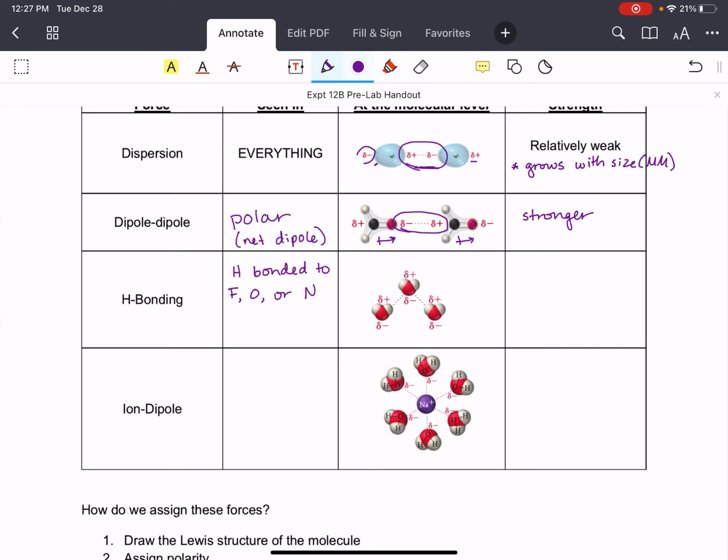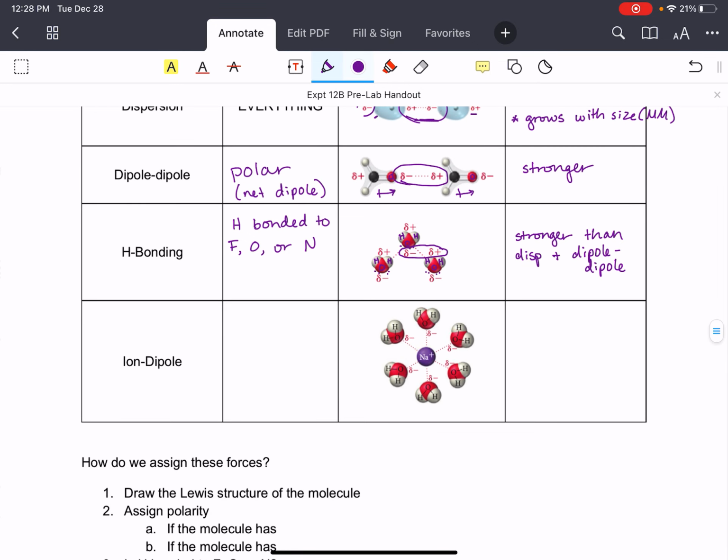If that electron is pulled away by a really electronegative atom, the dipole-dipole interaction becomes even stronger. In water molecules, this is a particularly strong interaction because the oxygen has two lone pairs that are attracted to those really positive hydrogen atoms. This one is stronger than both dispersion and dipole-dipole, and is especially potent in things like water.